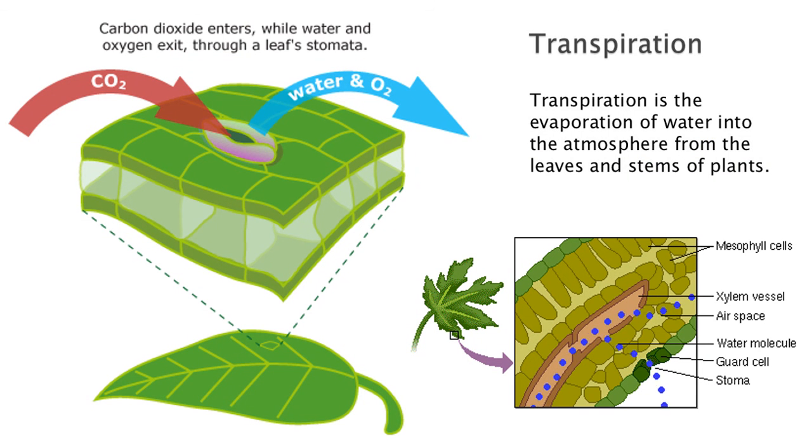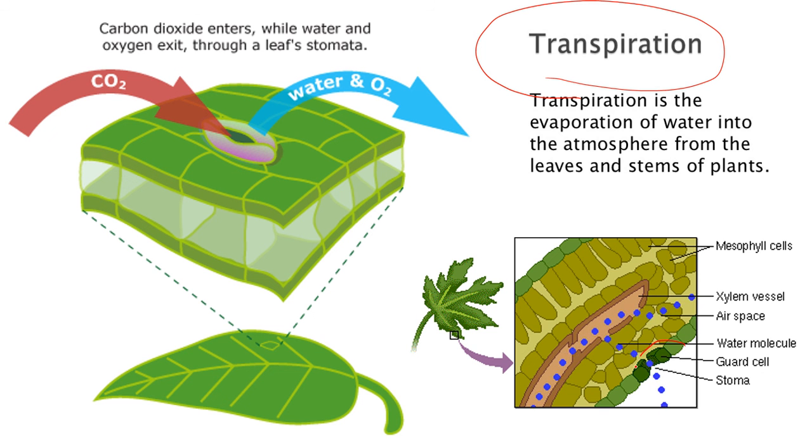When it reaches the leaf, some of this water is used for photosynthesis. However, some of this water is also lost through evaporation. The evaporation of water is what they call transpiration. Transpiration happens because the plant is exposed to the heat of the sun, thus allowing water vapor to escape.